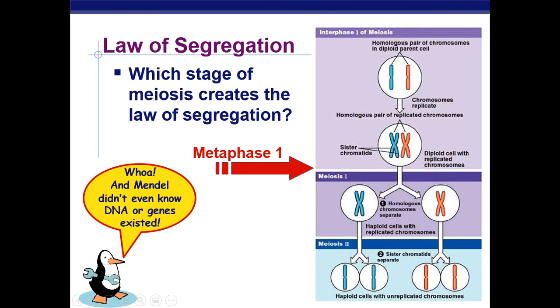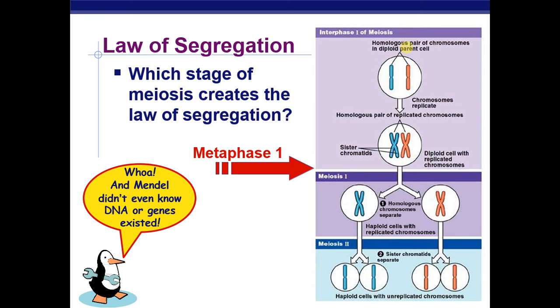We're going to talk a little more about meiosis after we get the basics of genetics done, because I like to talk about Mendelian genetics first before we look at meiosis. None of what Gregor Mendel discovered really had to do with DNA at all, because when he was alive and making his discoveries, they didn't even know about DNA or chromosomes or any of that.